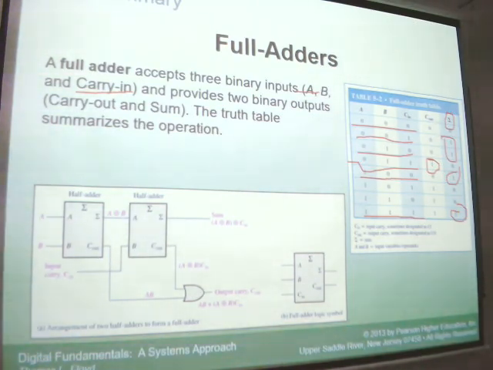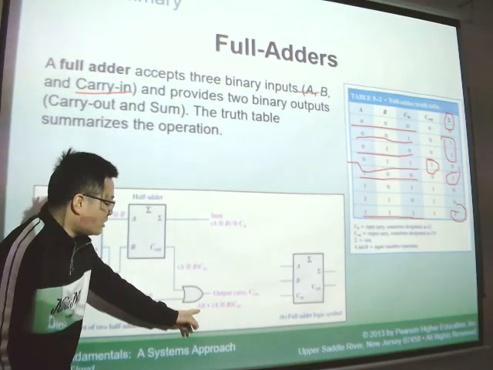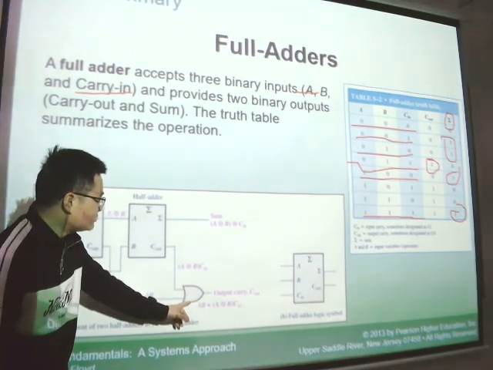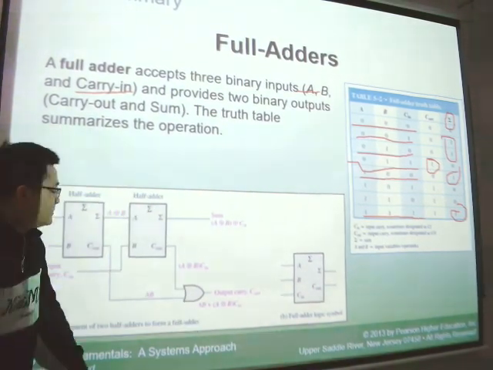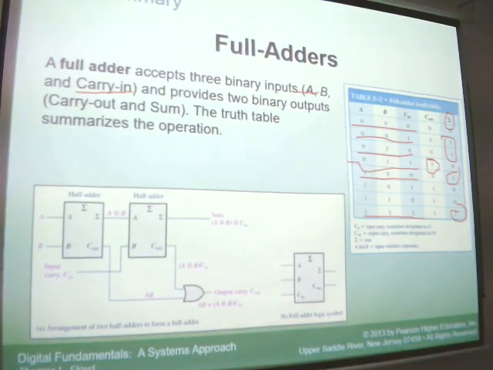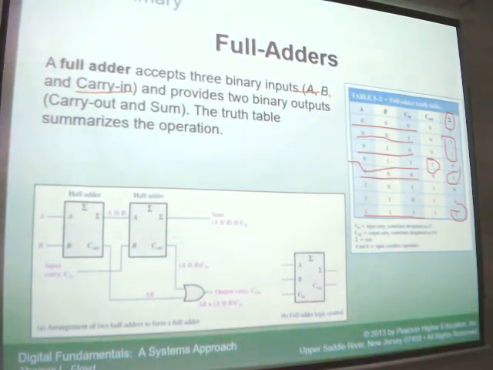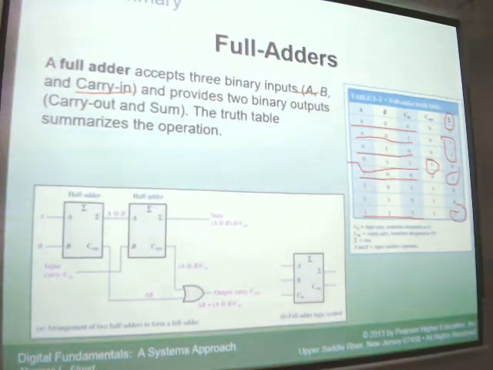And this expression is an XOR gate. So the output carry of the following expression is this.